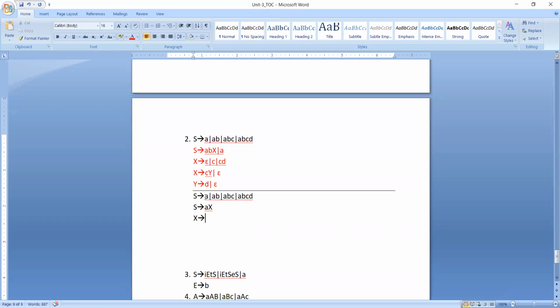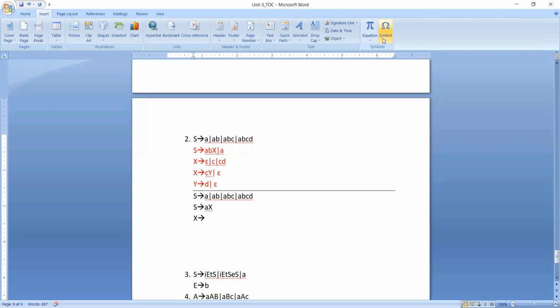X will be, now we have taken a part over here, what will remain? Epsilon will remain. From the next production, if you take out a, the part which will remain will be small b, and from this, if you take out a, the part which will remain will be bc.